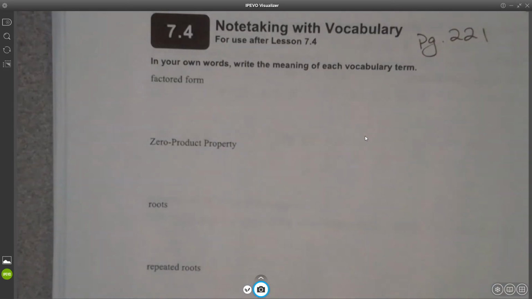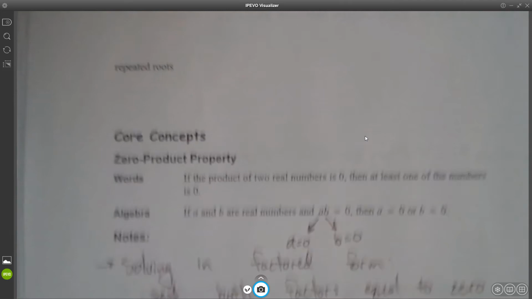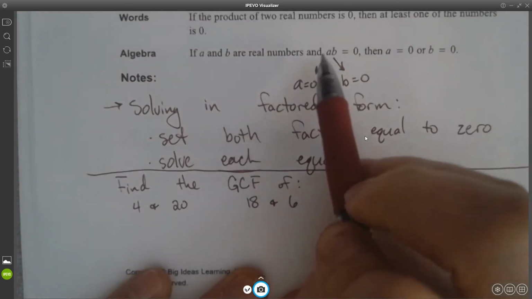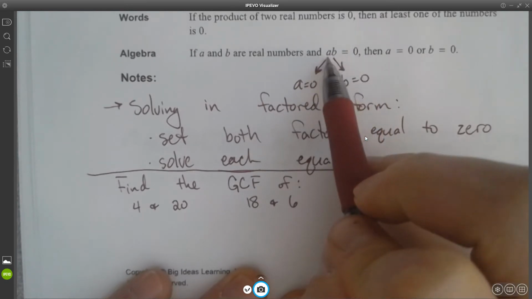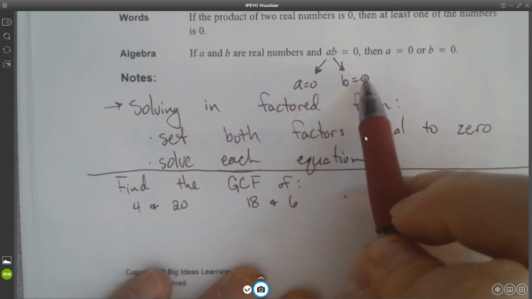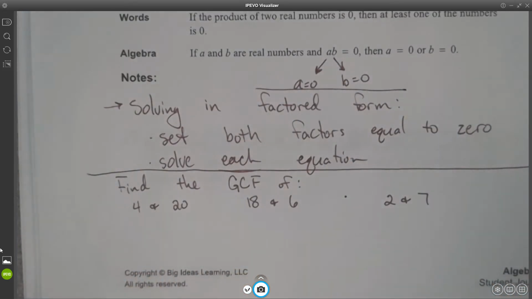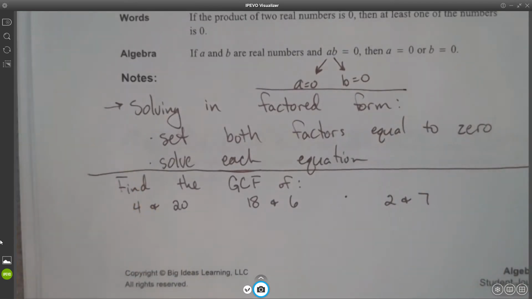Let's get into it. So we talked about zero product property a little bit. If we have two numbers multiplied together and it equals 0, then that means that either the first one has to equal 0 or the second one has to equal 0. That's a really important concept for solving polynomials because we do that by factoring.